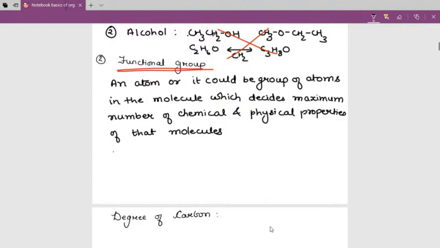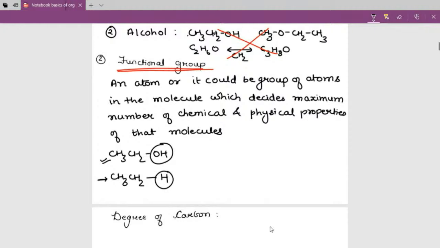For example, if I talk about CH3CH2OH, it is derived from the alkane CH3CH2H. So when H is replaced by this OH, it turns the molecule upside down. That is, the entire chemical as well as physical nature of this molecule has changed as compared to its parent molecule.